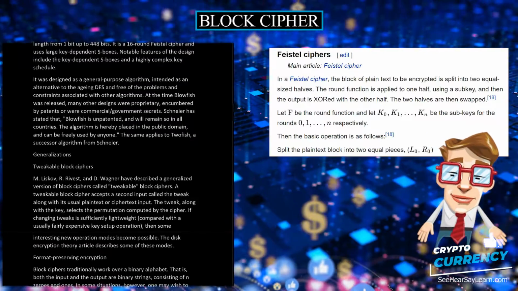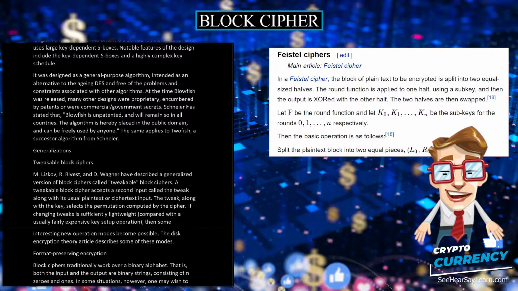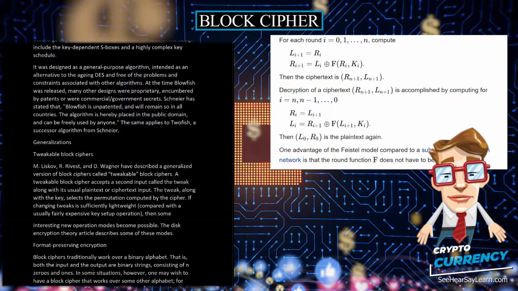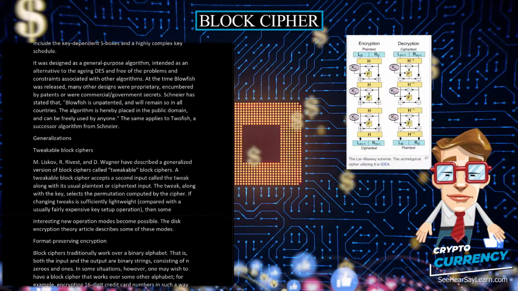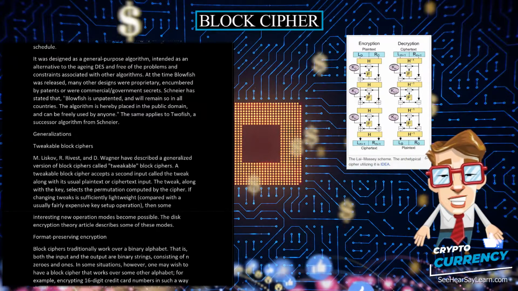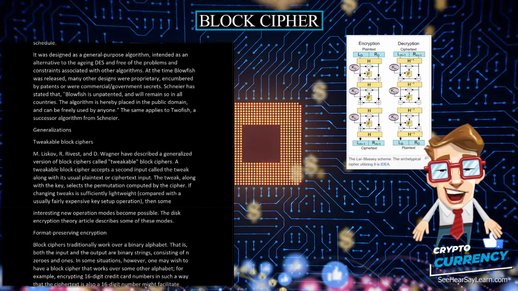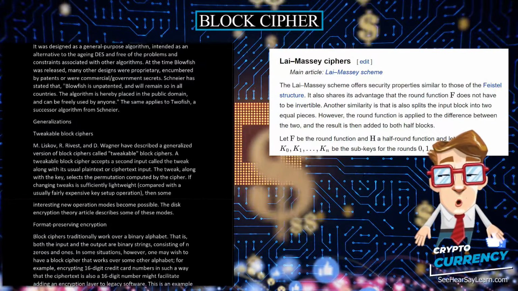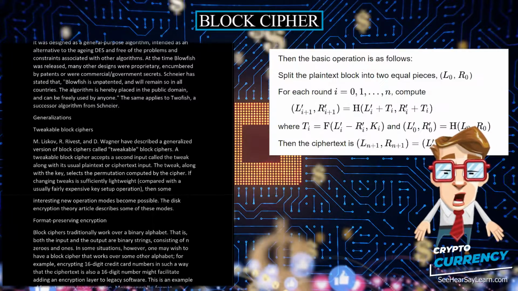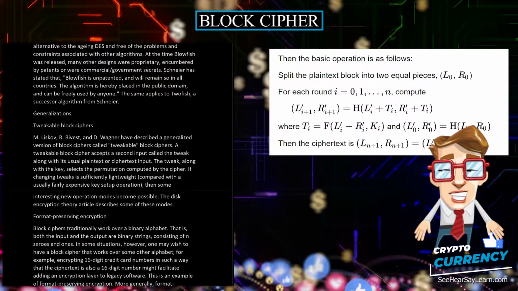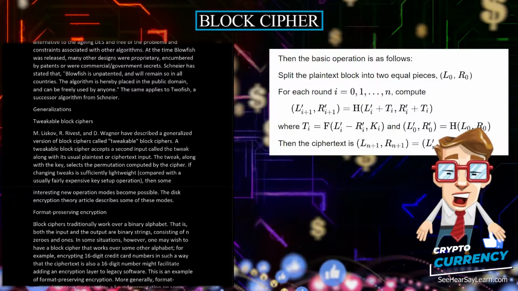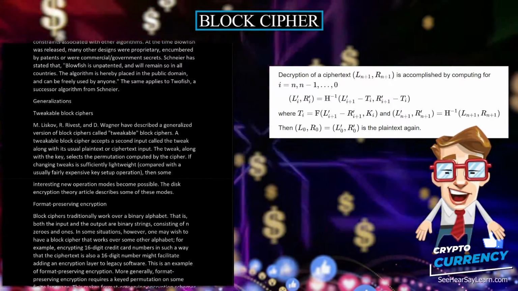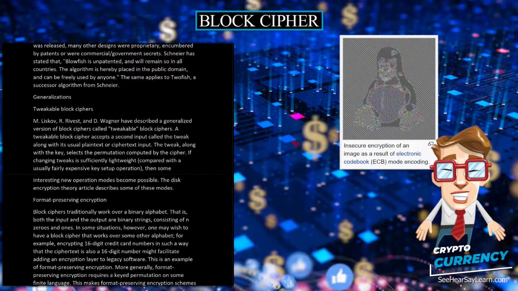Format-preserving encryption. Block ciphers traditionally work over a binary alphabet. That is, both the input and the output are binary strings, consisting of n 0s and 1s. In some situations, however, one may wish to have a block cipher that works over some other alphabet, for example, encrypting 16-digit credit card numbers in such a way that the ciphertext is also a 16-digit number might facilitate adding an encryption layer to legacy software.